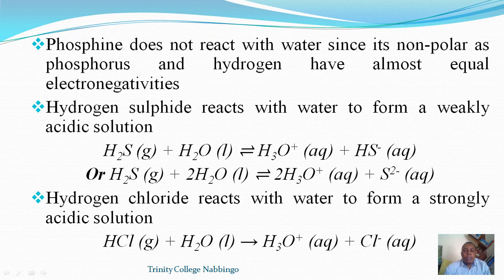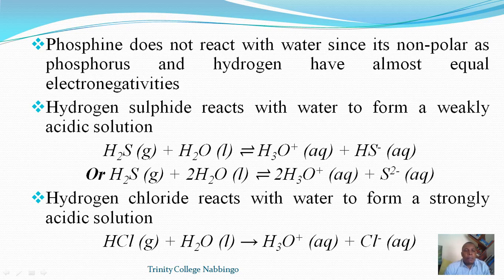Phosphine does not react with water because it's non-polar, meaning it does not dissolve in water. So here the reason does not arise from the geometry of the molecule like in silane, but from the fact that phosphorus and hydrogen almost have the same electronegativities.